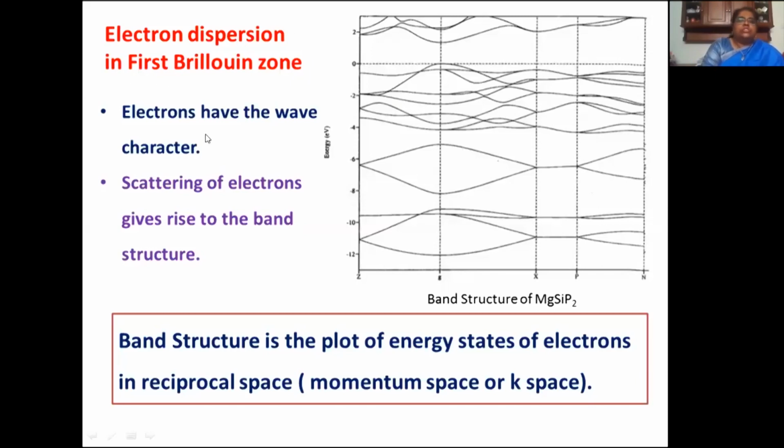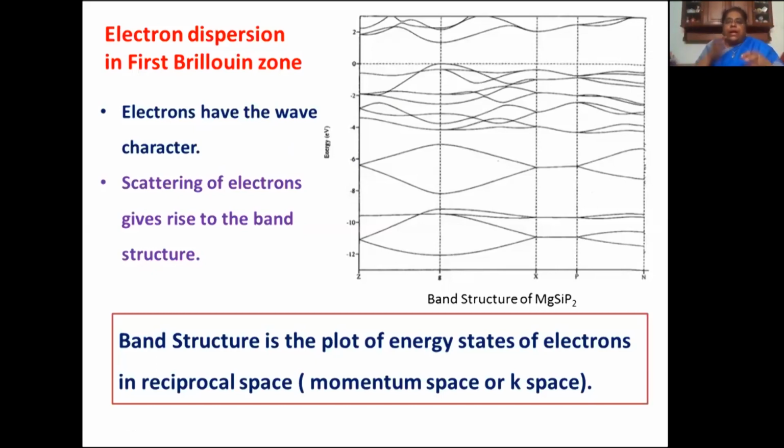Electron dispersion in the first Brillouin zone, meaning electrons have wave character because we are dealing with quantum mechanics. So you can very well visualize and study electrons with the wave picture. Electrons have wave character, and scattering of electrons gives rise to band structure. So they go around scattering within the solid.